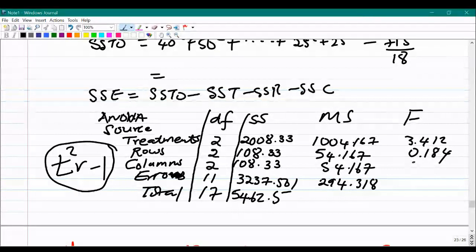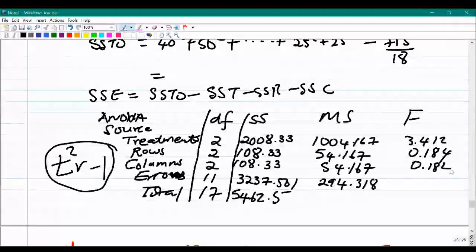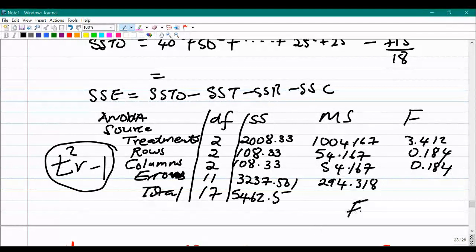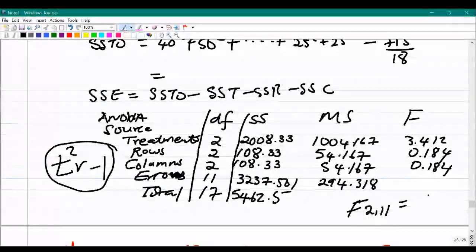Oh, it's the same thing, right? Yes, it's the same thing, because the values are the same there. So the tabulated value. What is the tabulated value? The tabulated value is 3.982. F of 2 and 11 is what, my brother? 3.982.